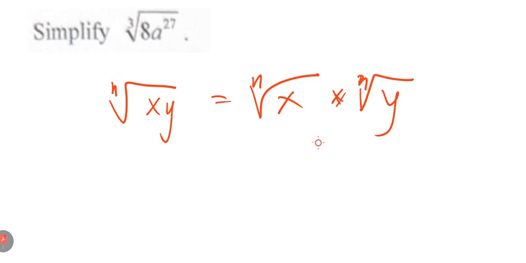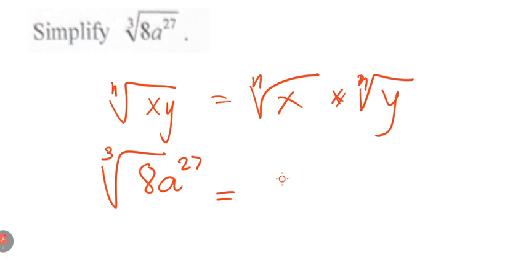Okay, so let's use that here for the equation. So we have the cube root of 8a to the 27.